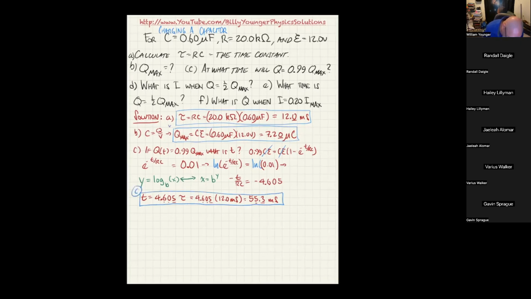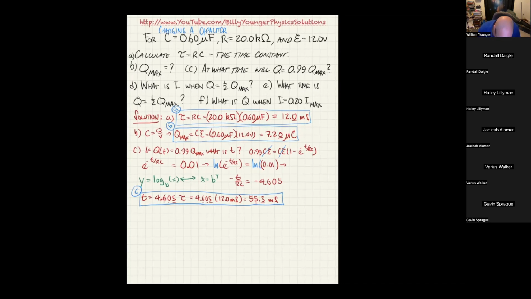This was answer B, and this was answer A. All right, so we got C, and now D is what is I when Q is equal to half of Q max. So for this one, we're going to try to figure out what I is when Q is equal to half of Q max.